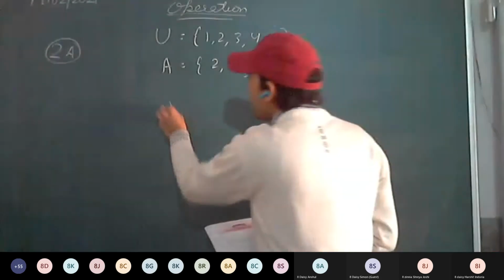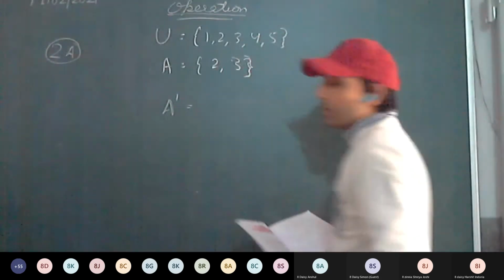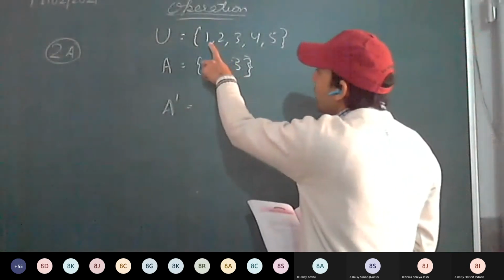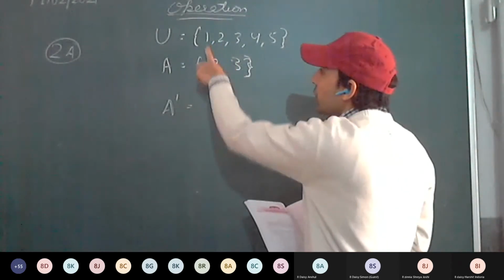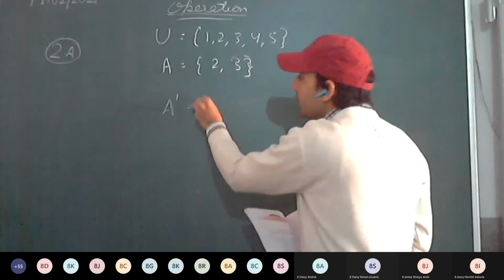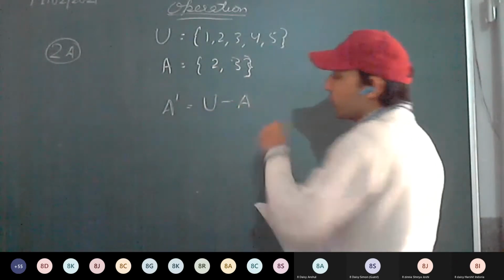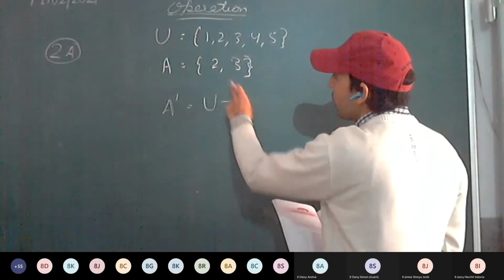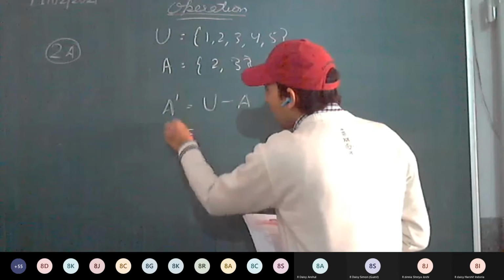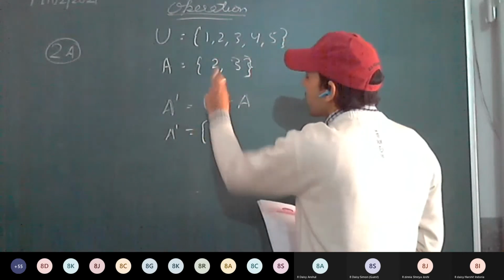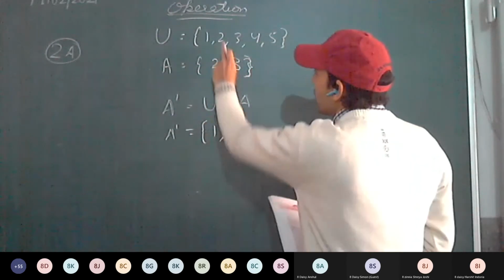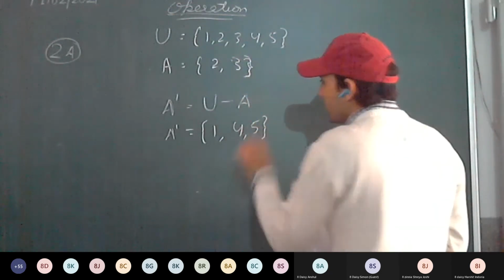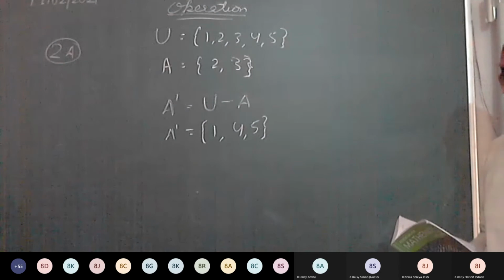We have to find the complement of A. Complement means the elements in the universal set which are not present in A. That means U minus A. From U, we remove all the elements of A. A complement equals 1, 4, 5.